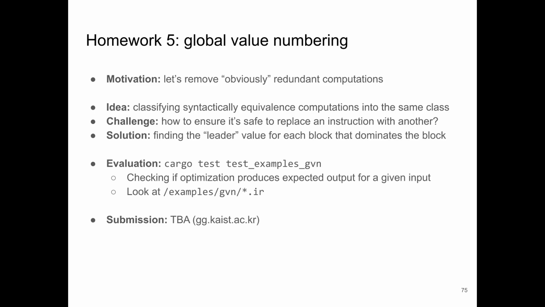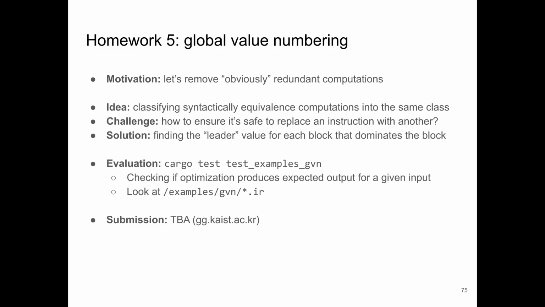The idea here is that we are going to classify syntactically equivalent computations into the same class. We are numbering instructions, and we are giving equivalent instructions the same number. Then we replace an instruction with another instruction with the same number.